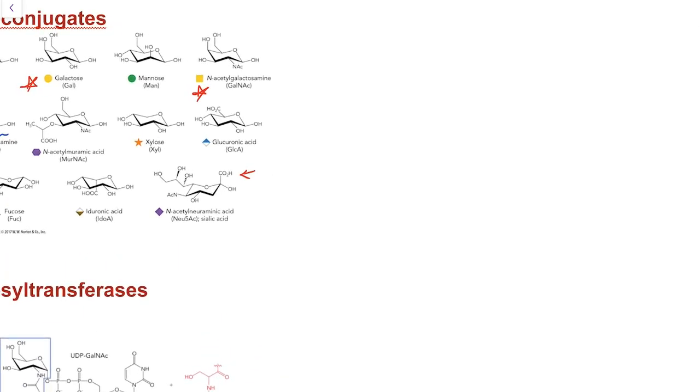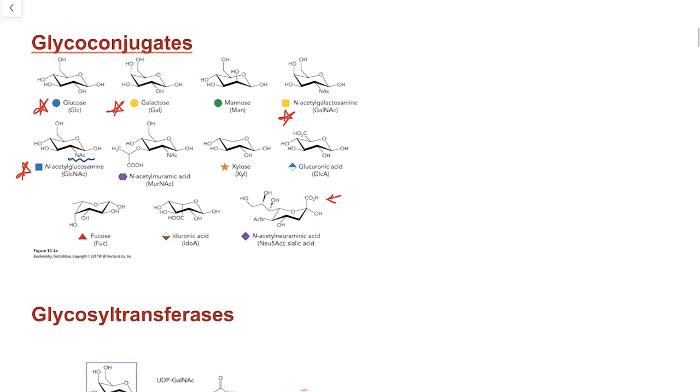The glycoconjugates are going to include things like glucose and galactose, some of these sugars that we've already looked at. Let me make that a little bit bigger so it's easier for you to see. There we go. But you'll notice that what is done here is we've made kind of a code.